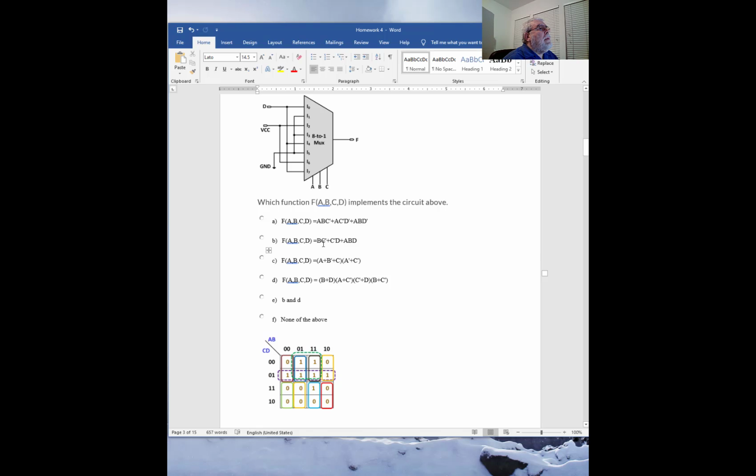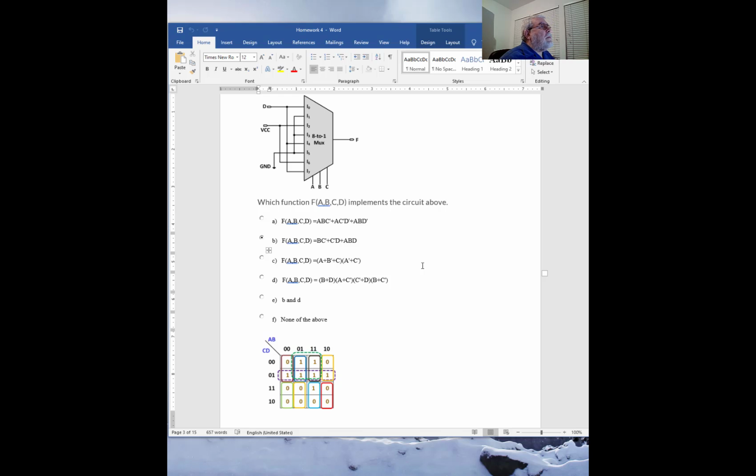Okay, B and C naught. This rectangle here is not C, D, not CD. And this one here is A, B, that corresponds to this column, and then C. No, sorry, that will correspond to A, B, and D. D is 1 in both of them. So this is the answer. You can double check that.